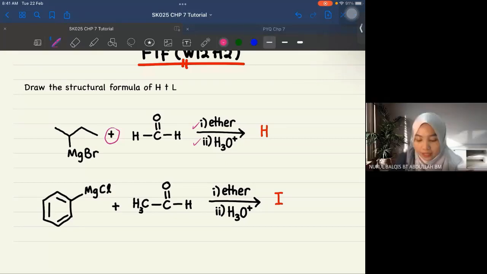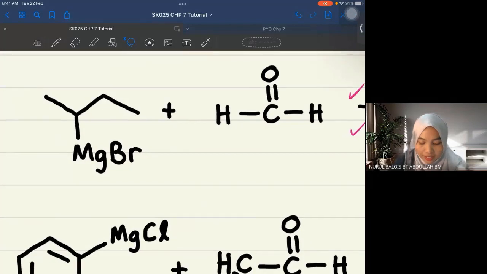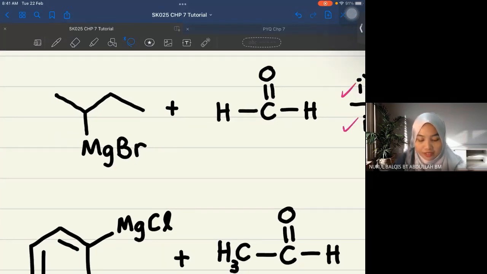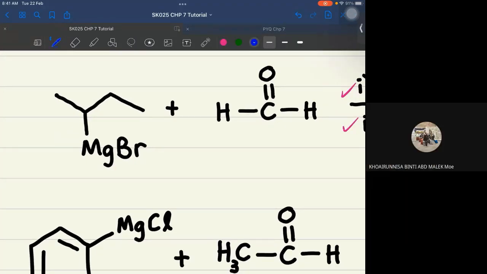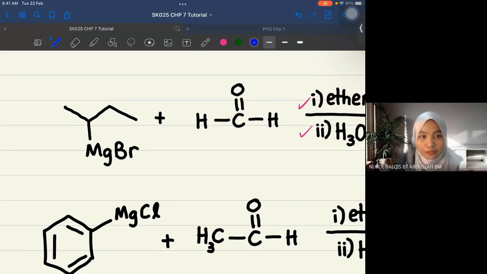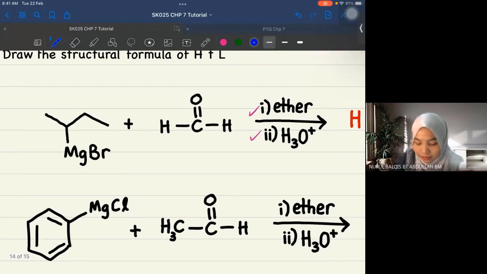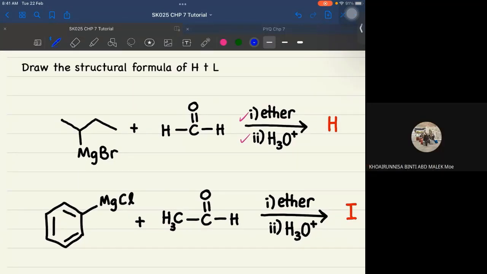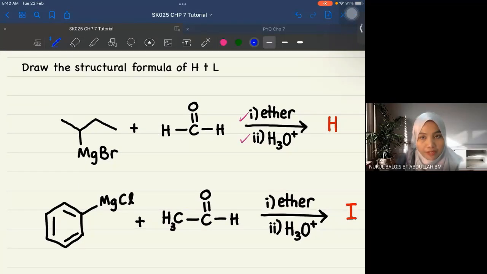Okay. Alright, so sekarang kita proceed dengan what kind of product to be formed. Okay, now you are given what's here. Ini adalah haloalkane or Grignard reagent? Grignard. So bila you are given Grignard, can you proceed to do the nucleophilic addition? No. You already have your Grignard.